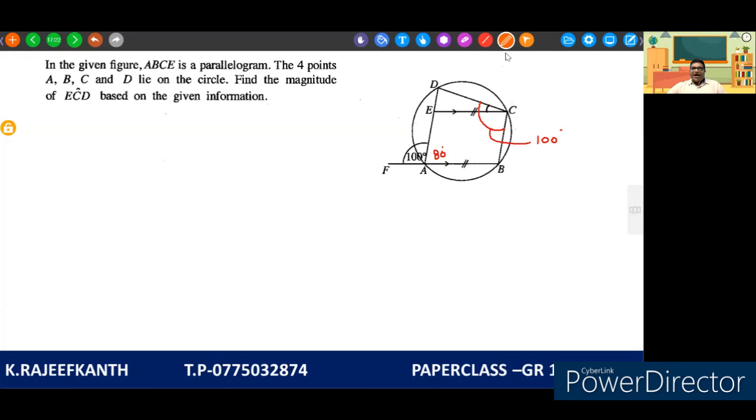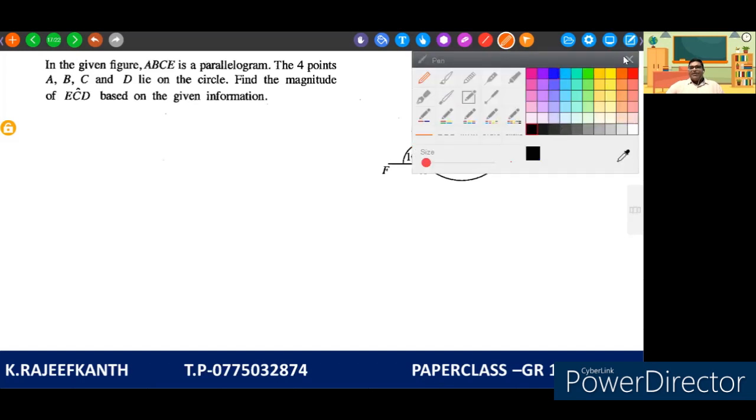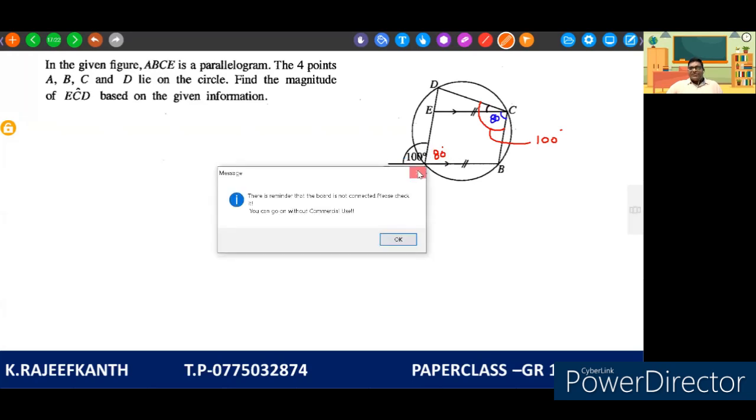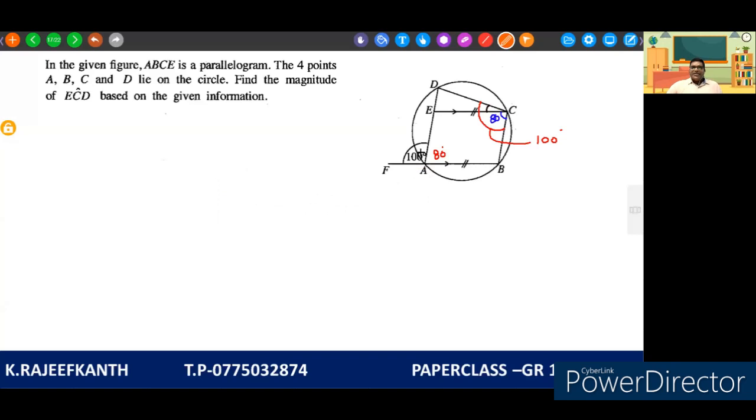I found the magnitude of angle BAD because the sum of these two adjacent angles on a straight line is 180. So if it is 100, then we can find this angle as 80.